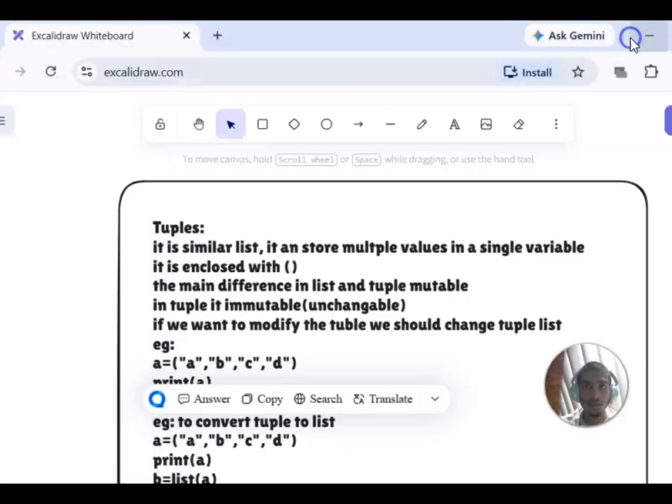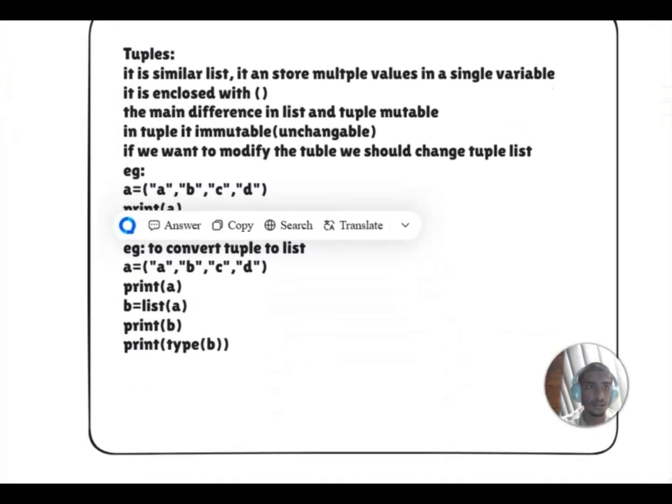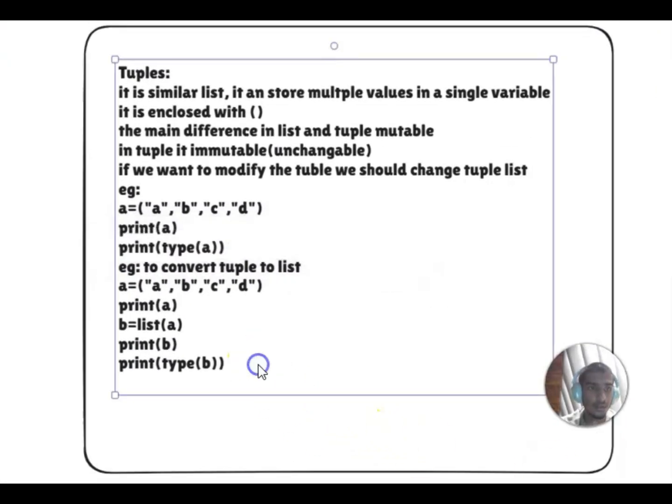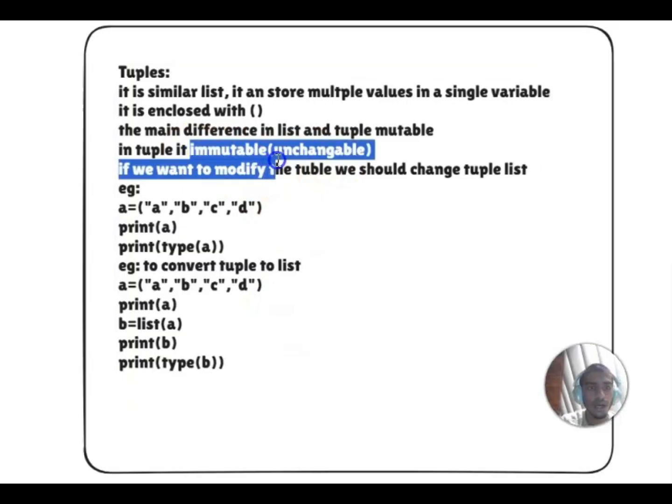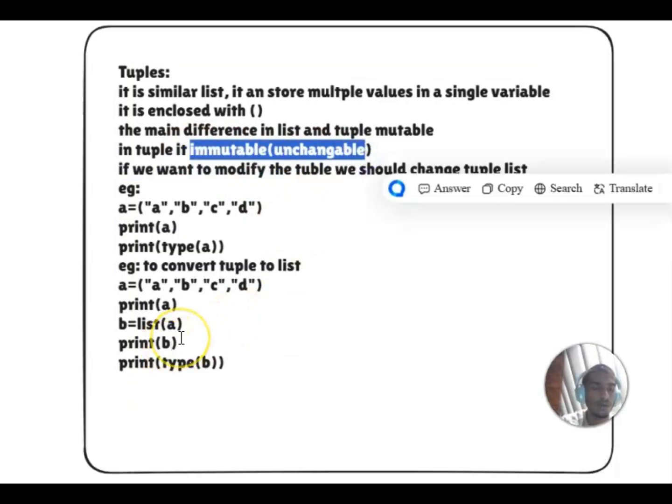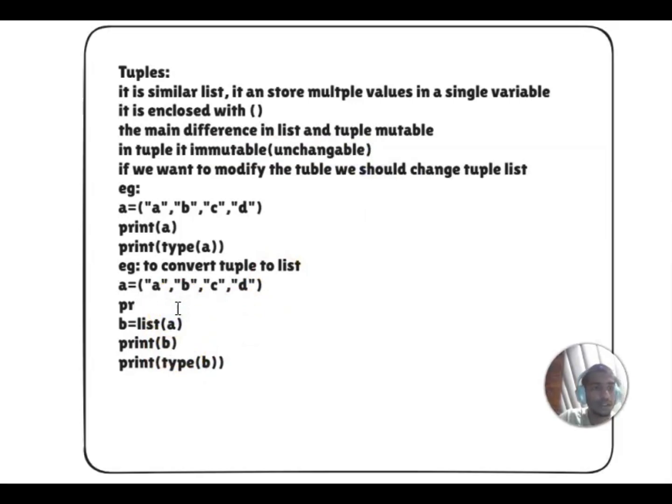Let's see how to add an element, items, in the tuple. Take the same example here. As I say, it is immutable. We cannot add or change the tuple. So we want to change the tuple into the list once, and we can change the list because list is a mutable type. So now let's append some values because as I said in the list concept, we can use append to add the items.